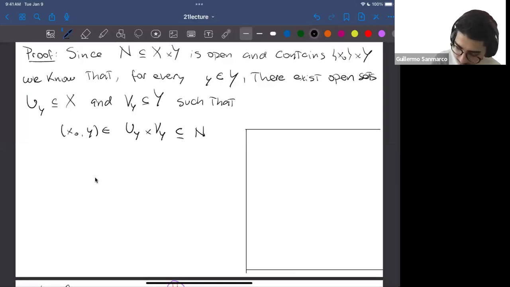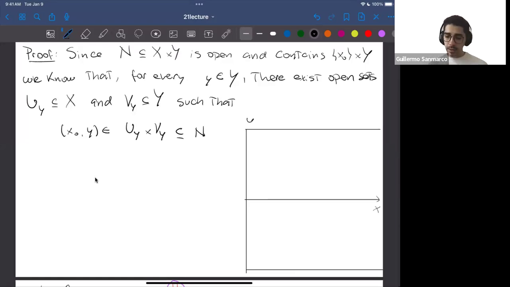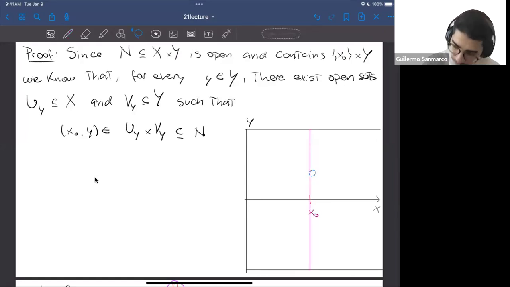And here's my X. So here's my x, y, and my favorite fixed x naught. Again, we don't really know what it is. Here's my slice, and here's N.